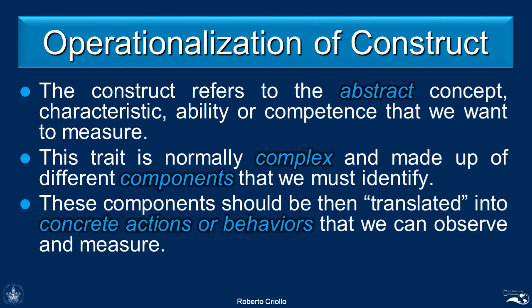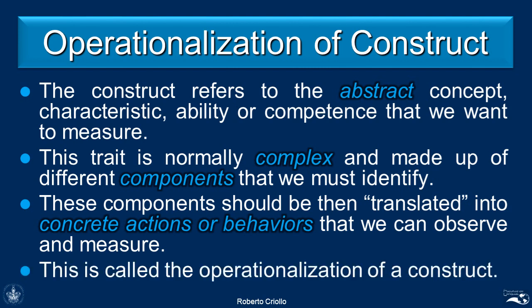And finally, these components have to be translated into concrete actions or behaviors that we can observe and measure. And this is what we call the operationalization of a construct, when we design test tasks, test items that can help us to measure a complex, abstract, mental concept.